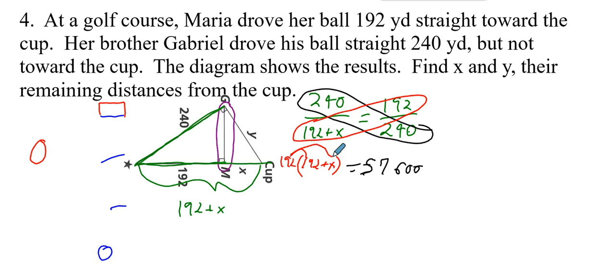As I distribute my 192, I have to multiply both terms by 192. I get 36,864 plus 192x equals 57,600. There's my x I'm trying to solve for, so I'm going to subtract from both sides.